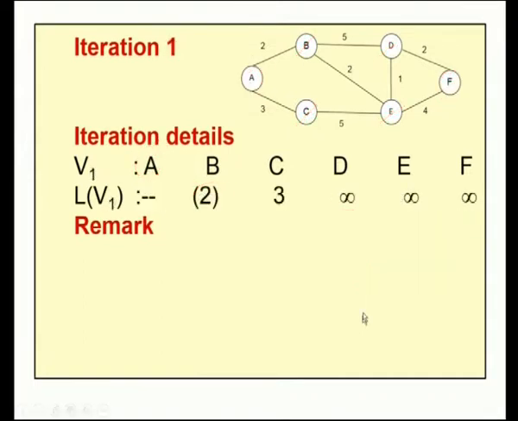So, the vertex A has a permanent labeling 0. In the first iteration, once we choose our initial node as A, next we have to choose the adjacent node from the unconnected nodes.